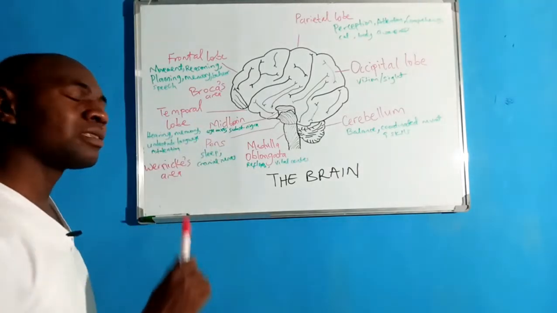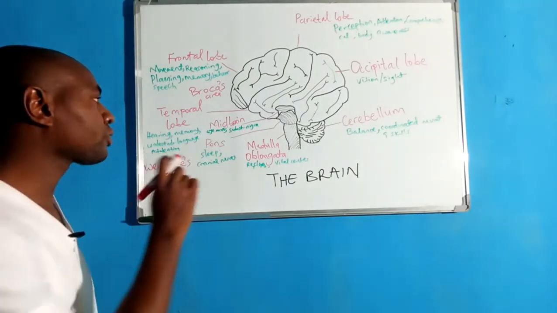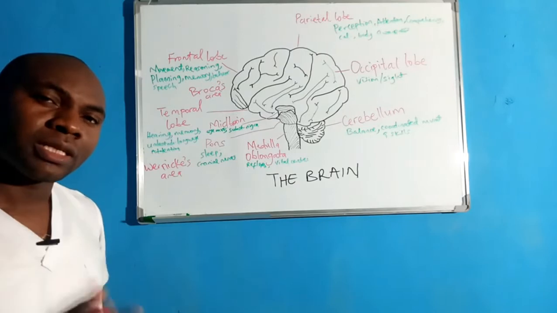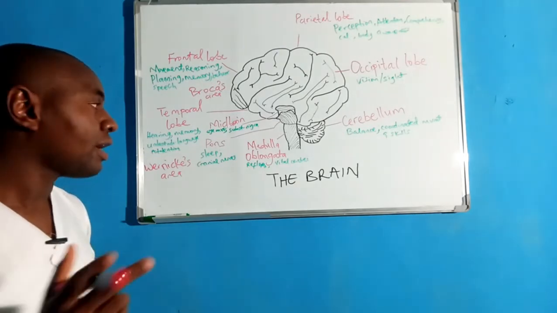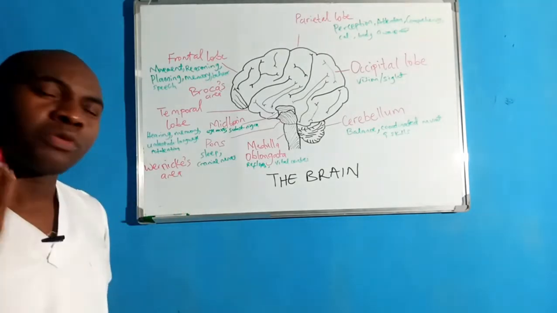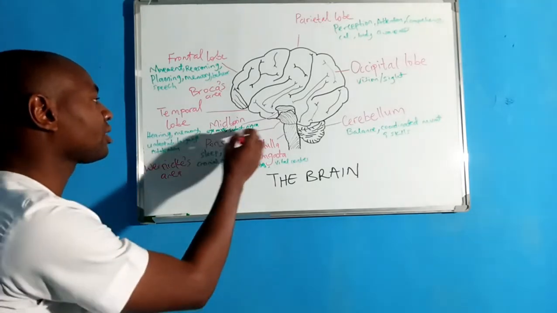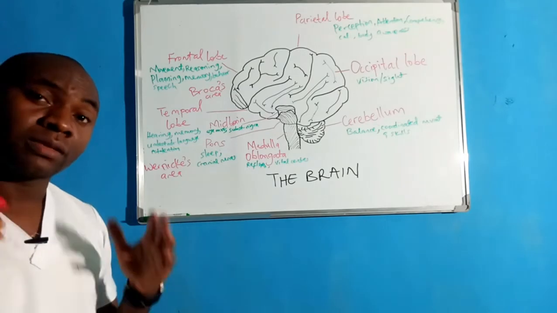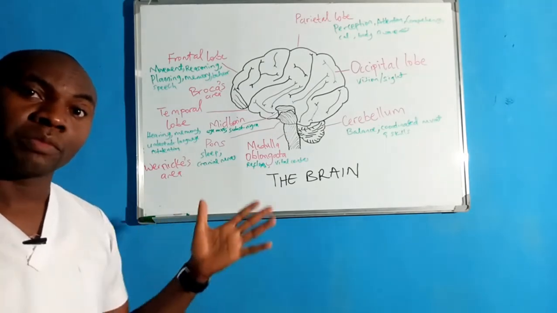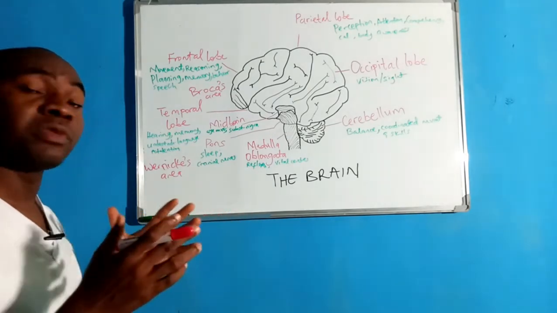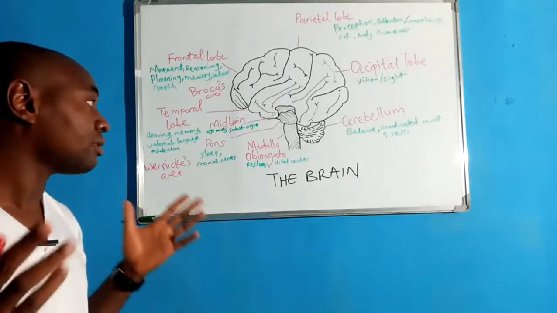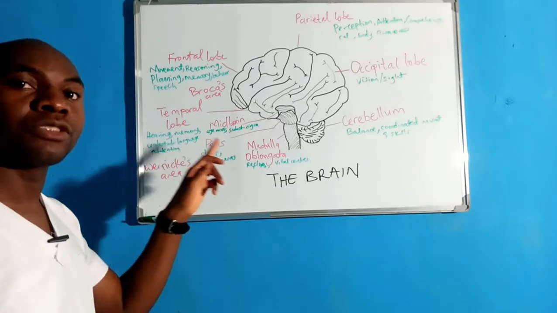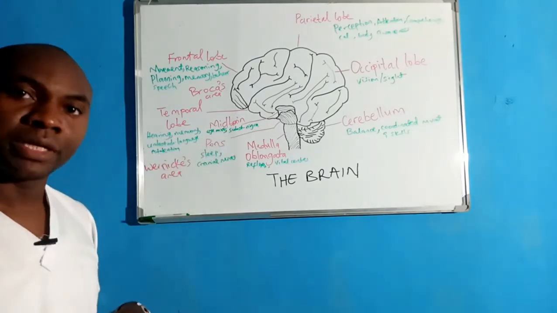Also, in the midbrain, there is a little portion that is called the substantia nigra. This substantia nigra is rich in dopamine, and any impairment to it is what leads to Parkinson's disease. Parkinson's disease is characterized by tremor, shaking, and some other symptoms. Now, that's the significance of having issues with the midbrain.